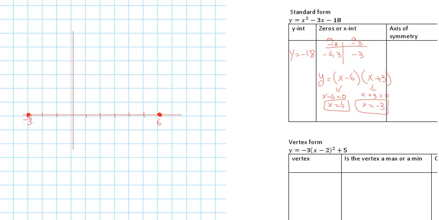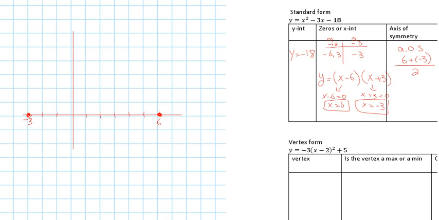What else do you want to do now? I need to find the axis of symmetry. How do I find the axis of symmetry? Add and divide by 2. Okay, so to find the axis of symmetry, I need to add 6 plus negative 3 divided by 2.